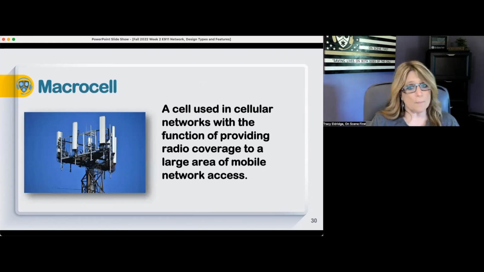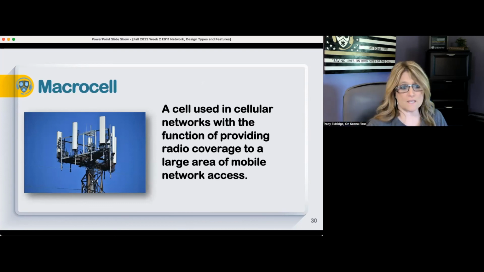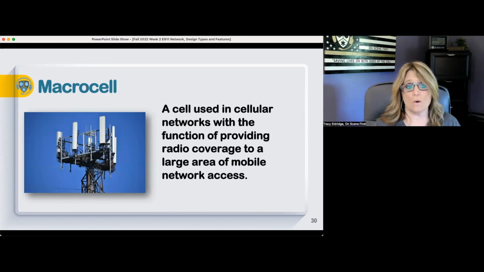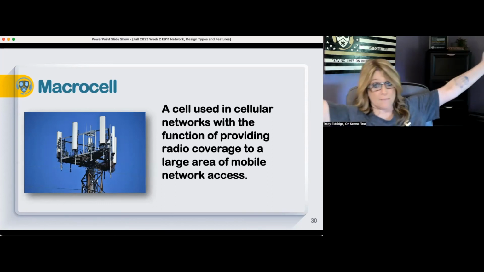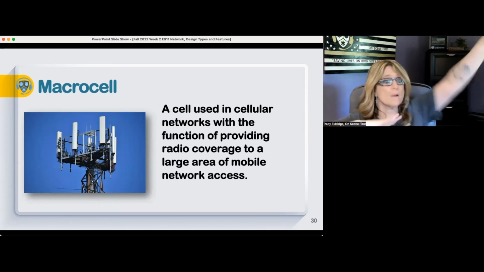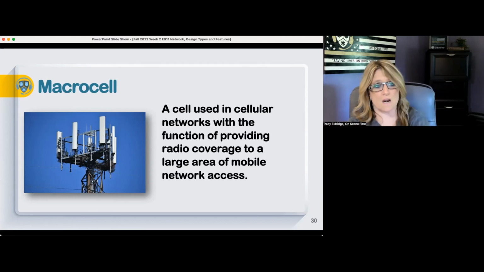So I want to talk about a couple of different cells that you may be dealing with in your 911 centers for various reasons. A macro cell: big cell, macro, big, right? Those are the ones that you see up on the tower, as you can see here.